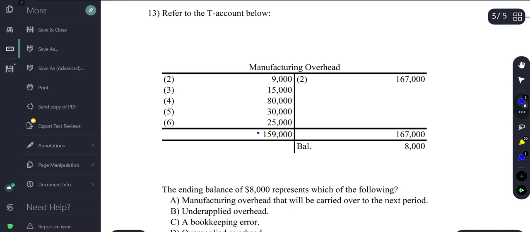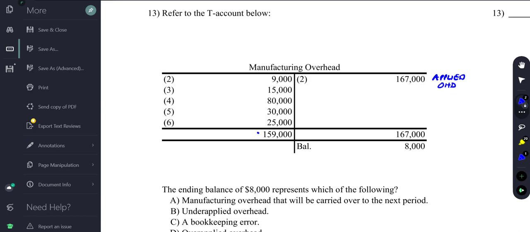We have a total cost of $159,000. Under this entry, where we're going to credit overhead, this is going to be applied overhead that we're moving out of overhead and into work in process. So applied overhead means that we're using the overhead rate to reduce overhead and increase work in process.